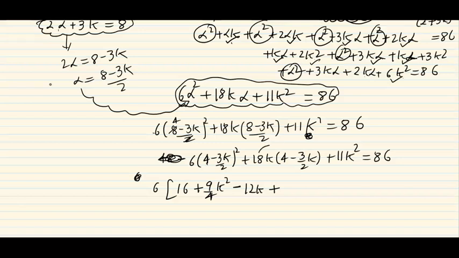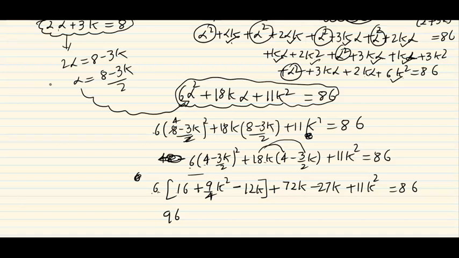Now if you multiply this, 18 times 4 is 72k, 9 times 3 is 27k, and plus 11k square equal to 86, right? And this thing is multiplied by 6 here, so here it should be a bracket, so it should be 96, okay, 96.